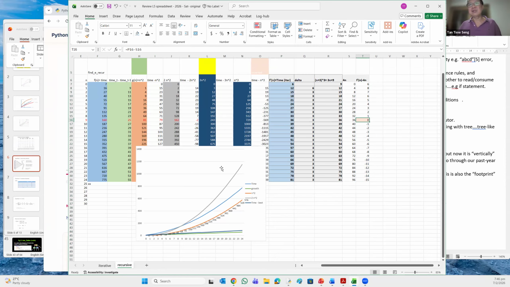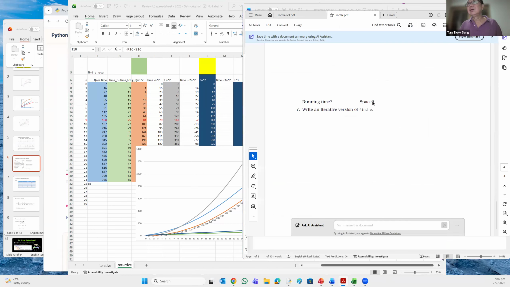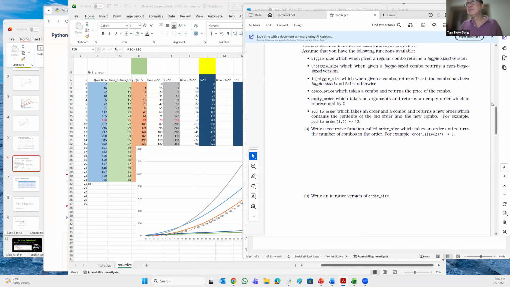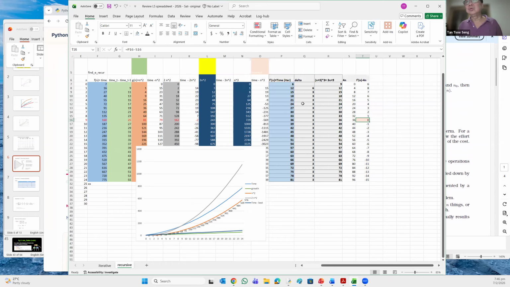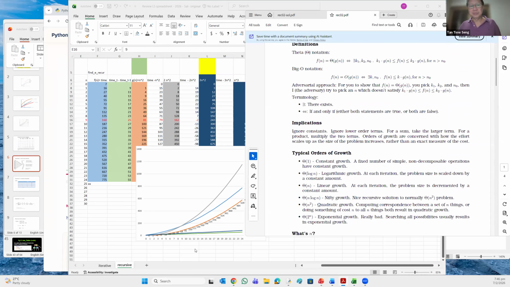And therefore we have succeeded in getting our function defined with k equal to 4 and n0 equal to 9. Or you can choose 10, doesn't matter.